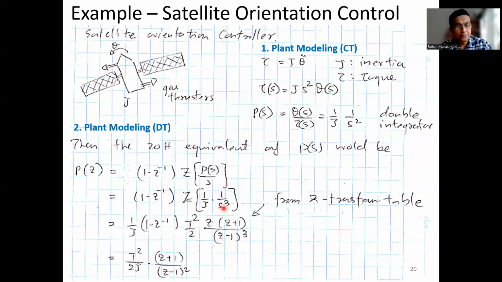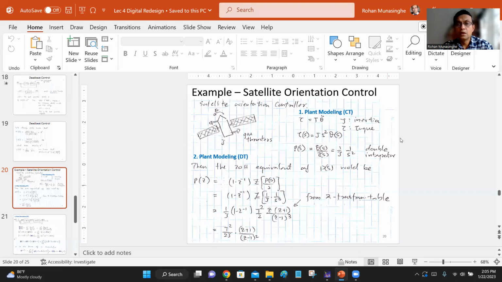So for that, let's look at the Z table, right? So let's get to the Z table.